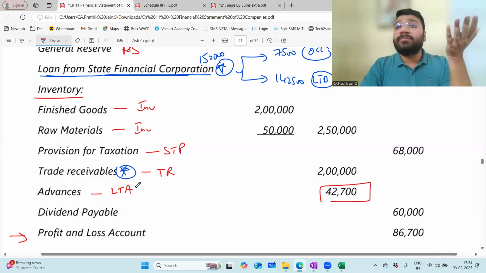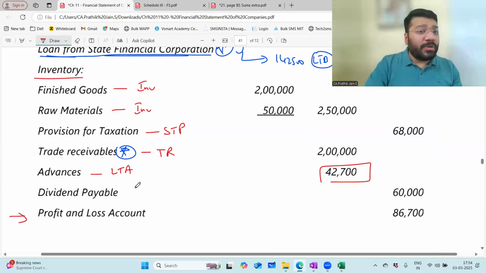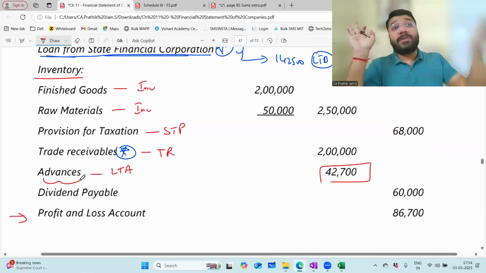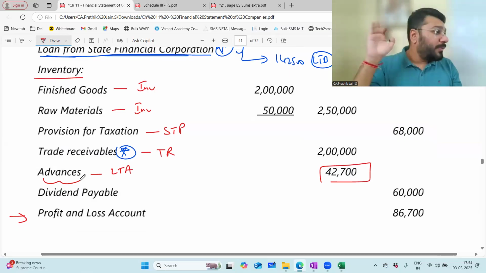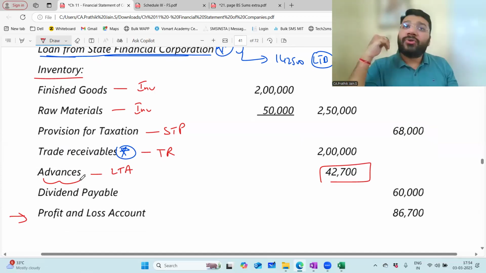So you can take it as long-term also. Had they told advances to related parties, directors, it is always short-term. Borrowing, nothing mentioned means long-term. For advances also the same rule. But for advances, at certain places they have treated it as long-term, certain places short-term. You can go with what the textbook is doing, or you can do what I'm saying also.